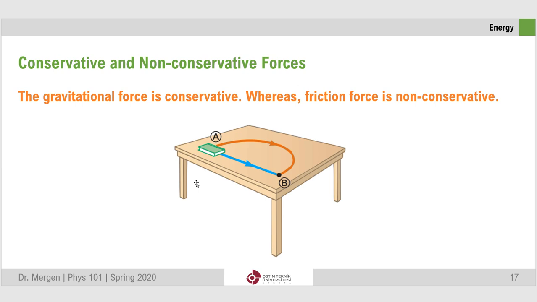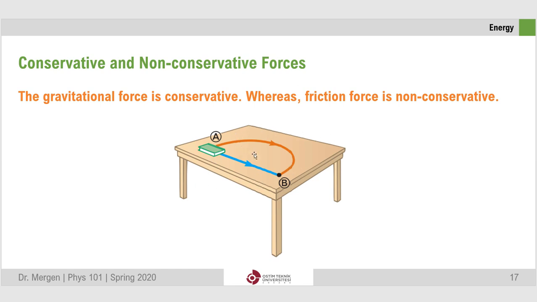Finally, again with this book example, if the book follows the orange path, of course the work done by the friction force will be larger than on the blue path.